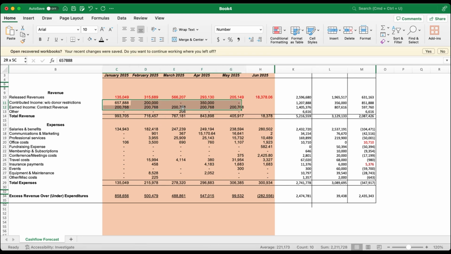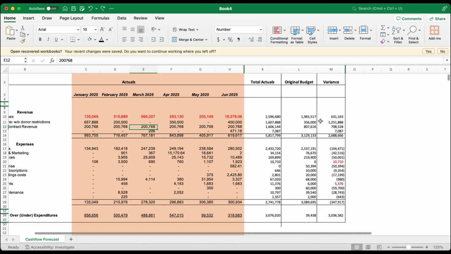So maybe we can draw on some of these incomes to cover the deficit we're potentially going to have in June, right? But you won't know that if you're not looking at this, right? You have to be able to play around with it. Because that's the other thing too, is scenarios. So you might get this and you might start playing around like, if we lost this contract for the rest of the year, what does that look like? What happens then? So it also helps with scenario planning.